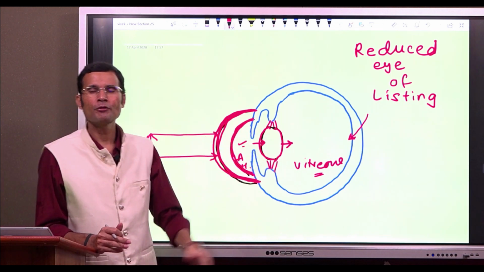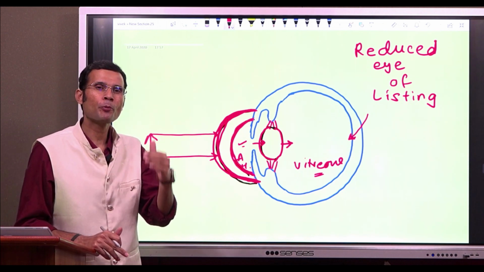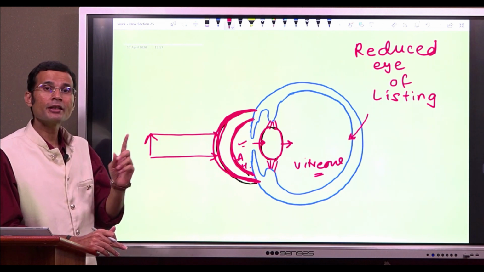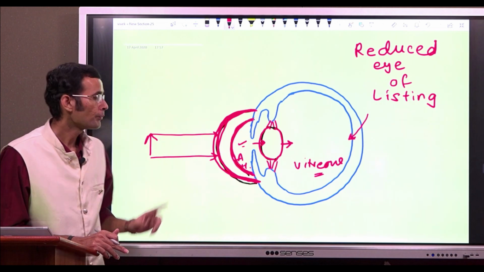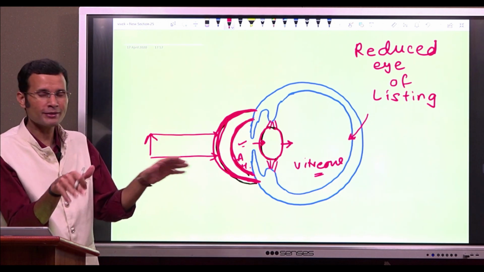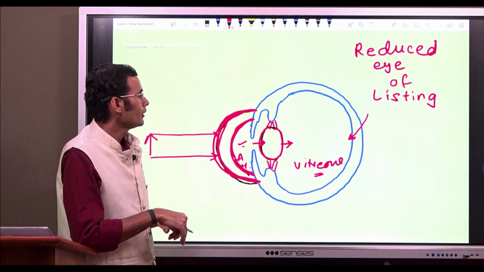The rest of the media have very close refractive indices in the range of 1.32 to 1.40. But considering the refractive index of air is 1, the maximum difference is between air and the cornea. Now, having said all this, it's a complicated model.